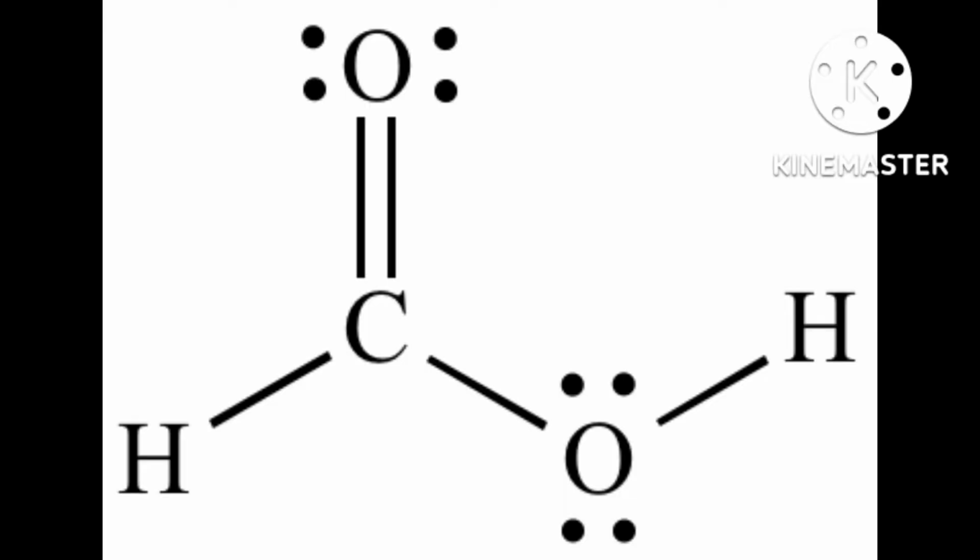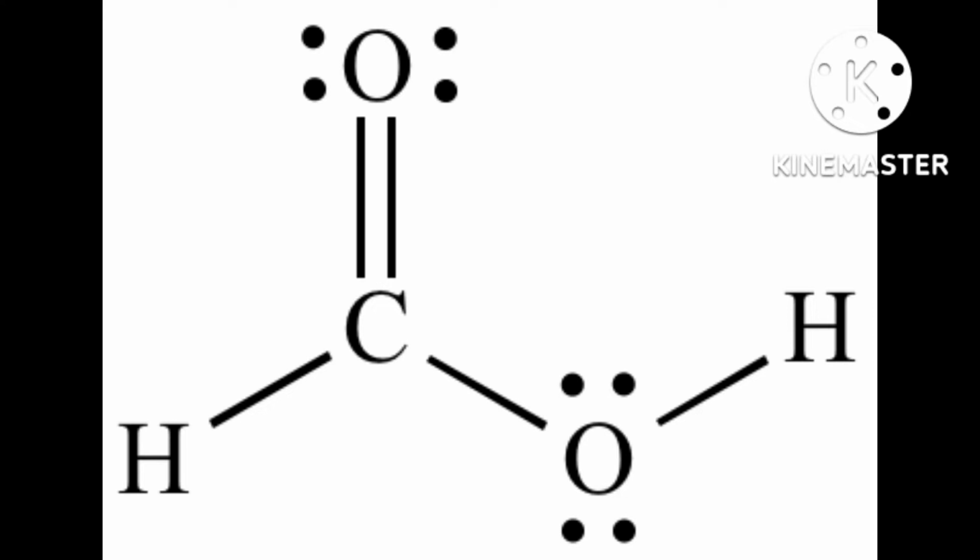Like that, you can calculate for the second oxygen and the third oxygen. For the second oxygen, again the same formula: the valence electron is 6. Non-bonding electrons: 2 lone pairs means 4 electrons. Then 6 minus 4 is 2. Again minus half of the bonding electrons.